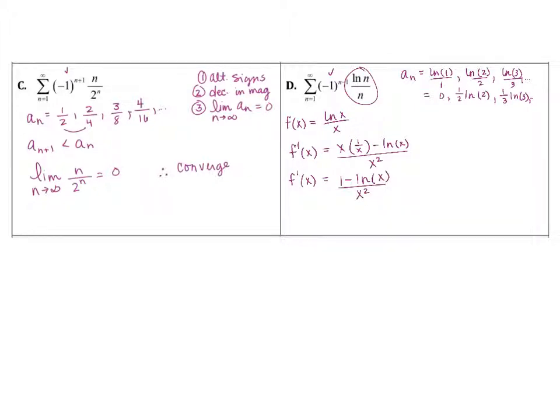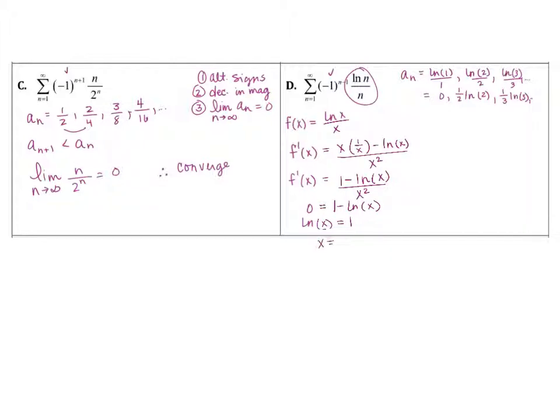We need to know where the critical number is, so I'm going to need that derivative to be 0. And since that derivative is a fraction, I need to know where that numerator is going to be 0. And so if I add natural log x over, I'm going to see where natural log of x is 1, so x has to be equal to e because natural log of e is 1.